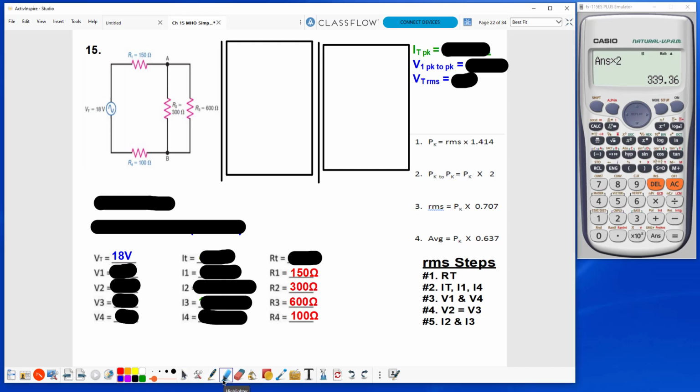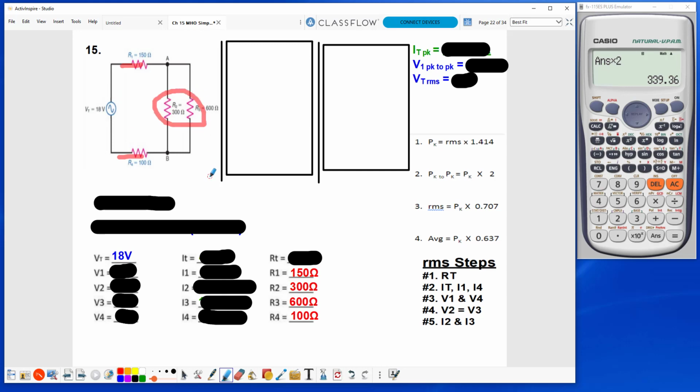Since it's a basic combination circuit, my first objective is to find RT. If I look at how the circuit is constructed, I've got R1 and R4, which are in series with the voltage source, and I've got R2 and R3, which are in parallel.